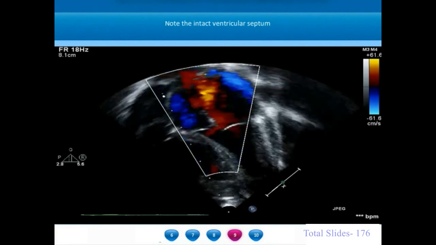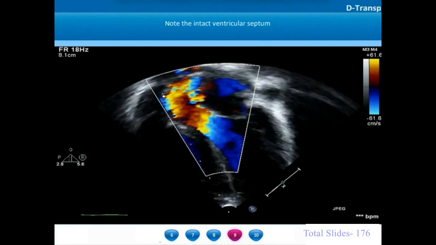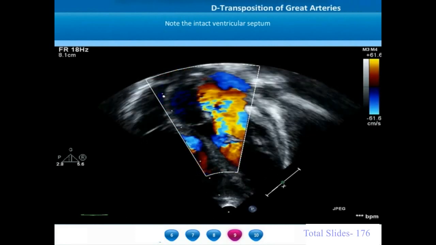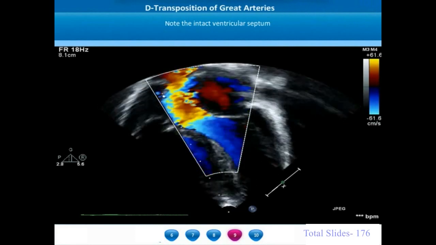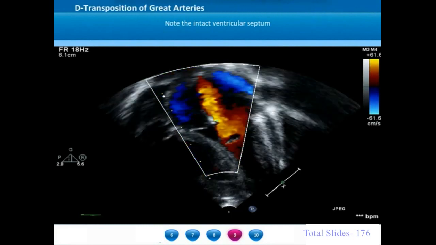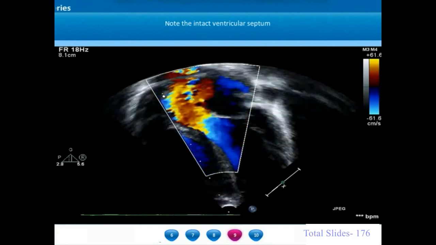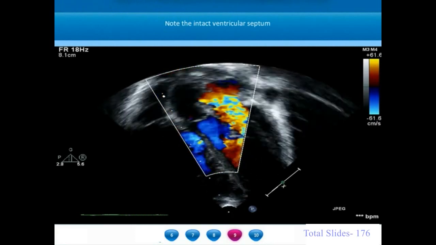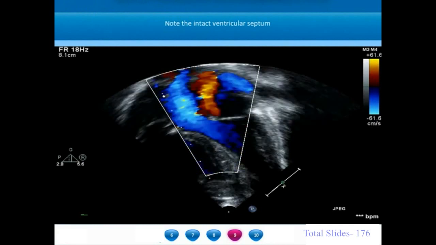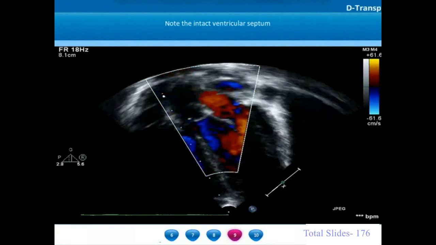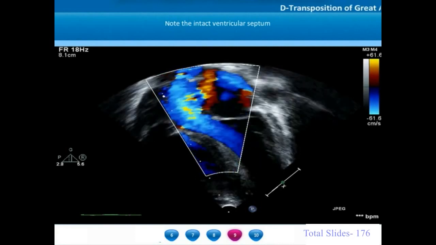A transposition is described as a simple TGA if the interventricular septum is intact. A very restrictive small membranous or muscular VSD, even if it is present, will not alter the hemodynamics much, and so they are also referred to as simple transposition of great arteries.